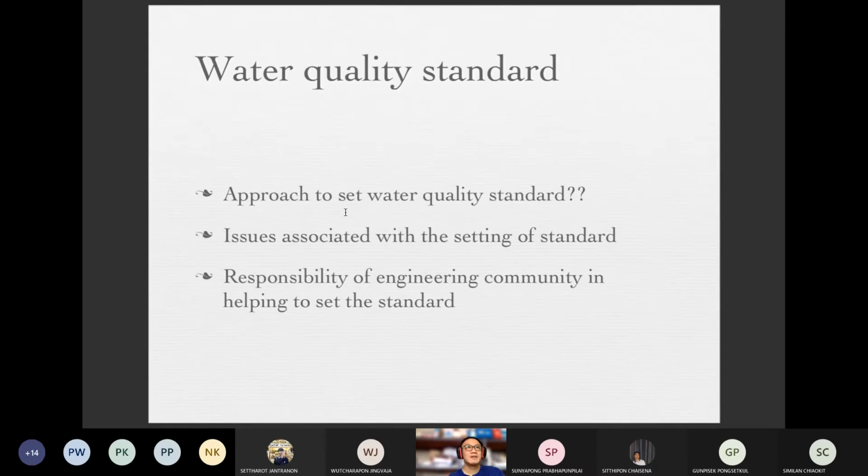Of course, you may wonder why the government doesn't put 0. 0 is good, but it's not economically attainable, because 0 is possible only when we apply advanced technologies to bring the suspended solids down to 0.